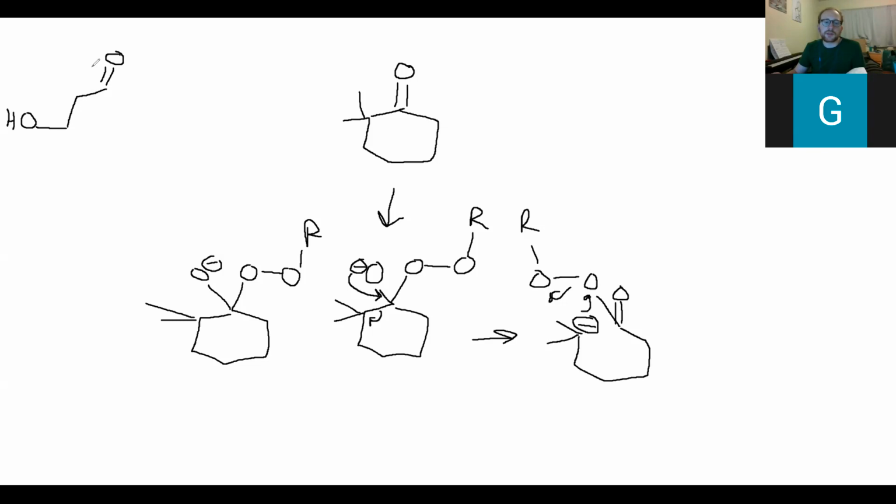So if we have an example like this, through an E1cB mechanism, the alcohol can be eliminated. So alcohols can be eliminated under acidic conditions and under basic conditions if beta to an electron withdrawing group. Those are the conditions I would expect to see alcohol elimination.